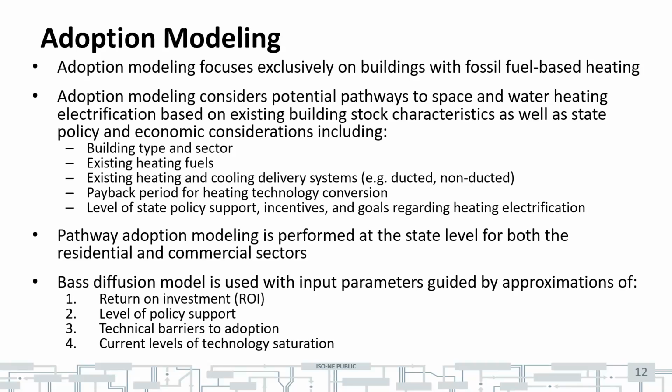We do have a range in New England of policy support and the relative incentives. I do think the IRA was just hot off the press when we were doing this work. And so there is some consideration of the IRA, although if you hold me to the flame, I won't be able to tell you specifically what that might be. But the pathway adoption modeling is performed at the state level for each of the sectors.